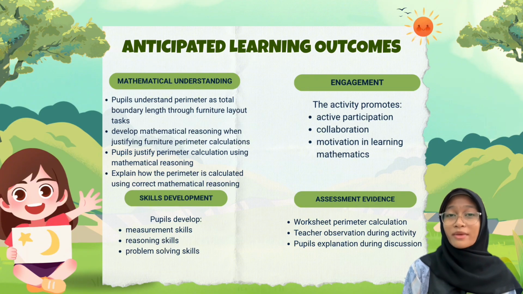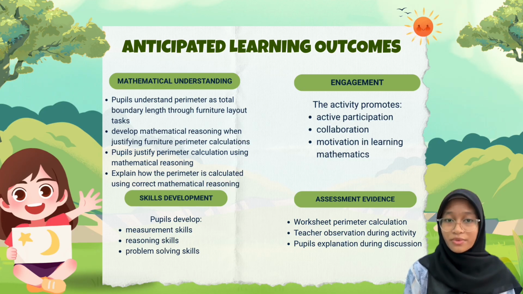In terms of mathematical understanding, pupils understand perimeter as total boundary length, develop mathematical reasoning, and justify their perimeter calculations. In terms of skill development, pupils develop measurement, reasoning, and problem-solving skills. In terms of engagement, the activity promotes active participation, collaboration, and motivation in learning mathematics.